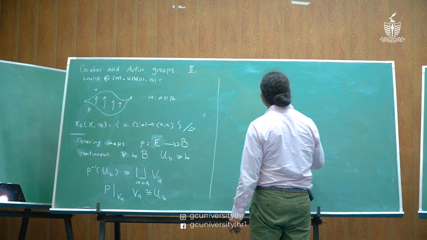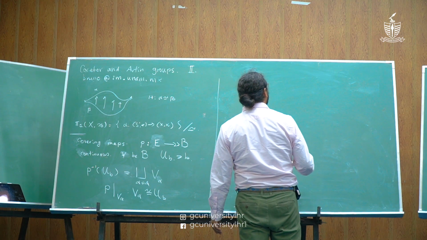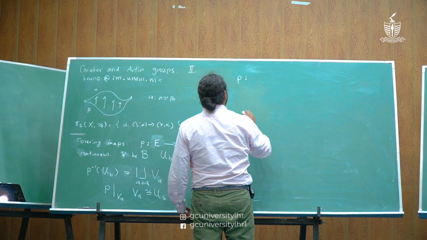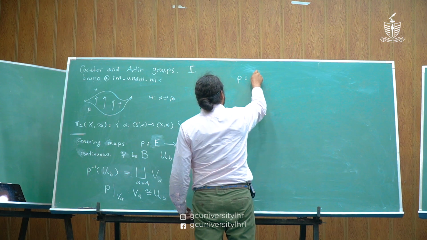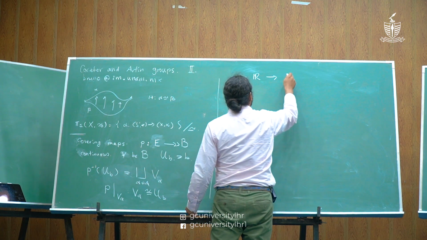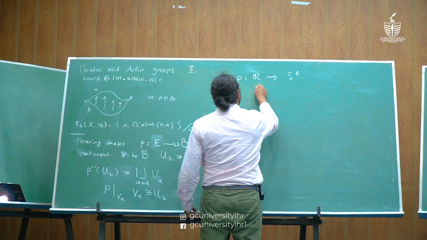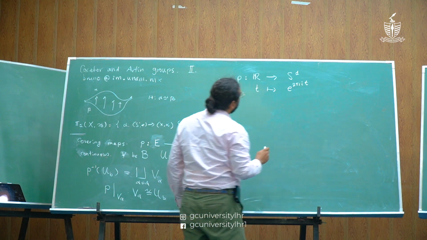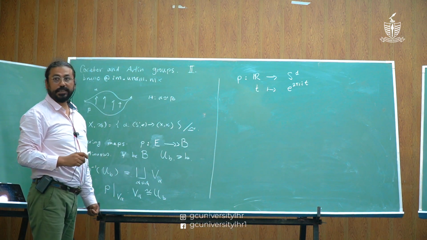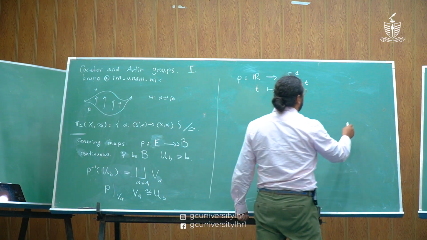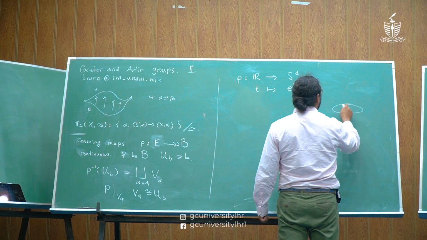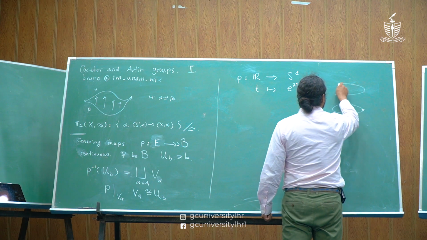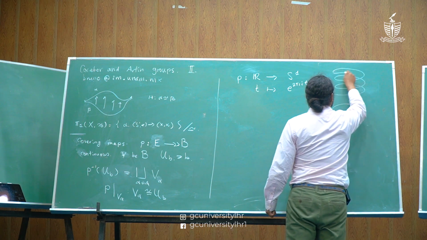So the classical example of this is when you consider the exponential map. So you can consider t goes to e^{2πit}, right? So this will give you something like this, no? You have the circle, you have your base point here, and then you will have something that is turning around like this.